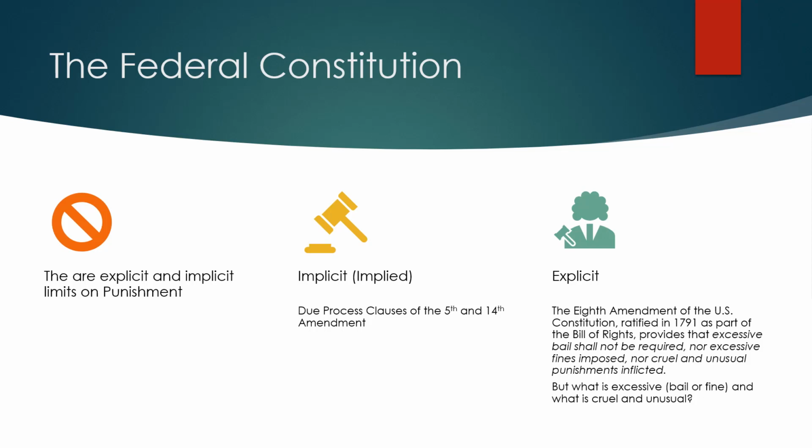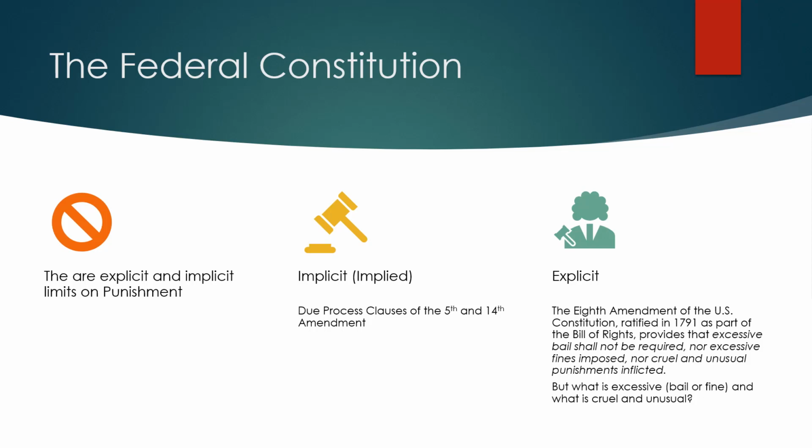Now, again, when I teach constitutional law, one of the things I say is it'd be great if they had a little footnote there or an asterisk that said, this is what we mean by it, but they didn't. They left it for the interpretation of the society, for the judges that came after. So what's excessive? When we talk about an excessive bail, if you earn $1,000 and Fred earns $10,000 and John earns $100,000 and Peter earns $1 million, well, for each one of those people that has 10 times more money than the previous one, an excessive fine is a different number.